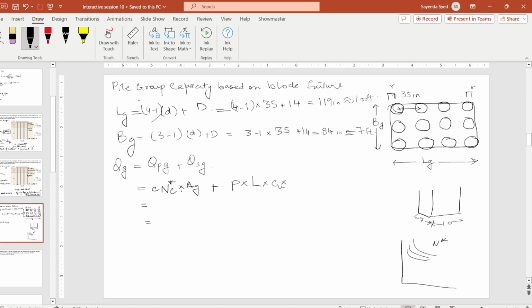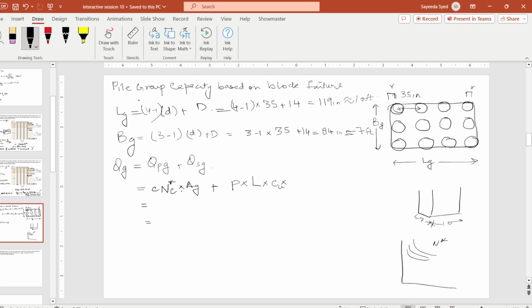Let me cross check. Yes, CU is taken as unit friction and perimeter into length. This will give you the QSG.